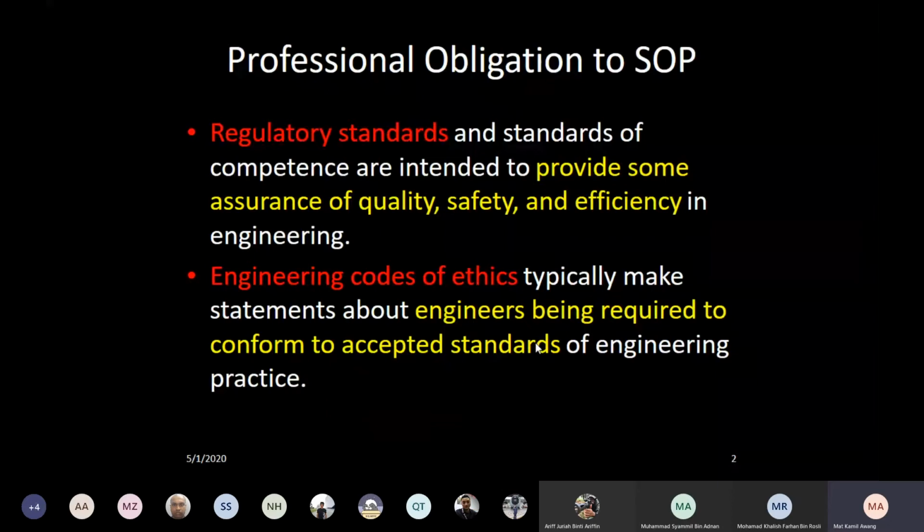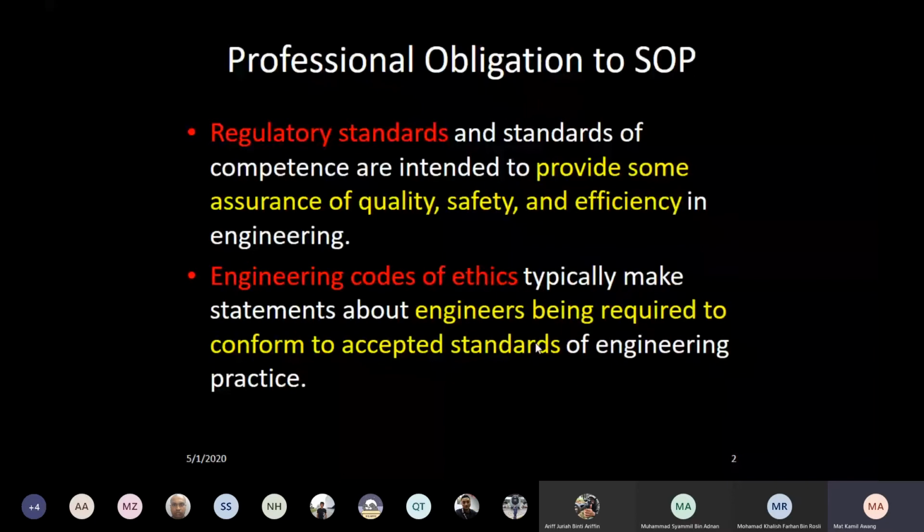Besides the regulatory standards, we also have the engineering codes of ethics. This engineering code of ethics is basically a statement about engineers being required to conform to accepted standards of engineering practice.